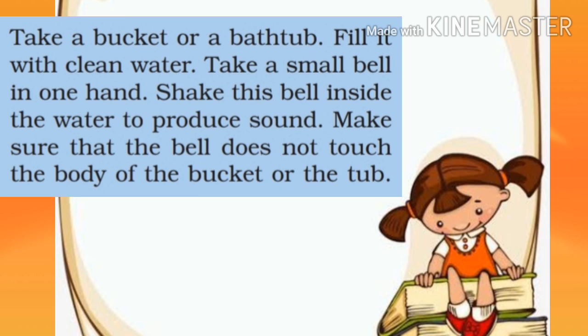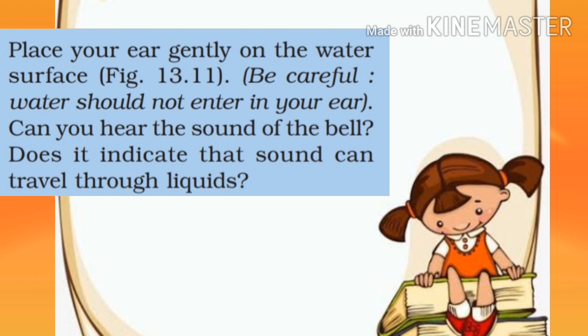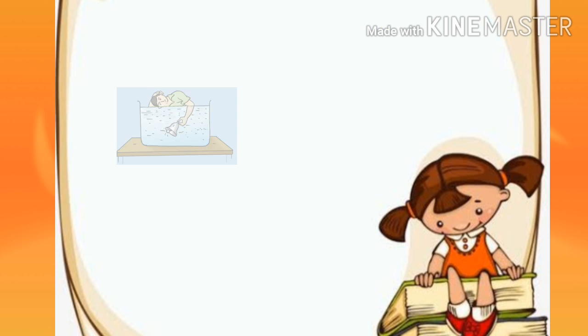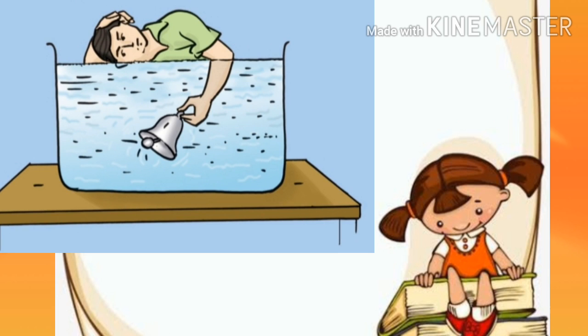So according to this activity, what do we have to do? We have to take a bucket or a bathtub and fill it with clean water, and then take a bell in one hand and shake that bell inside the water. We have to make sure that the bell does not touch the body of the bucket or the tub.